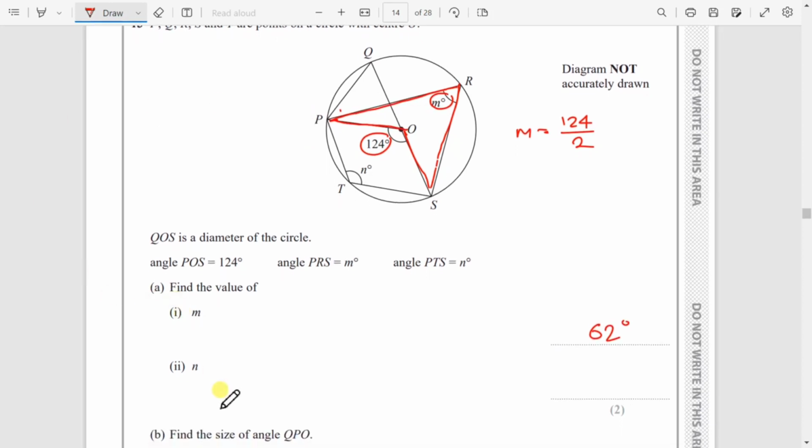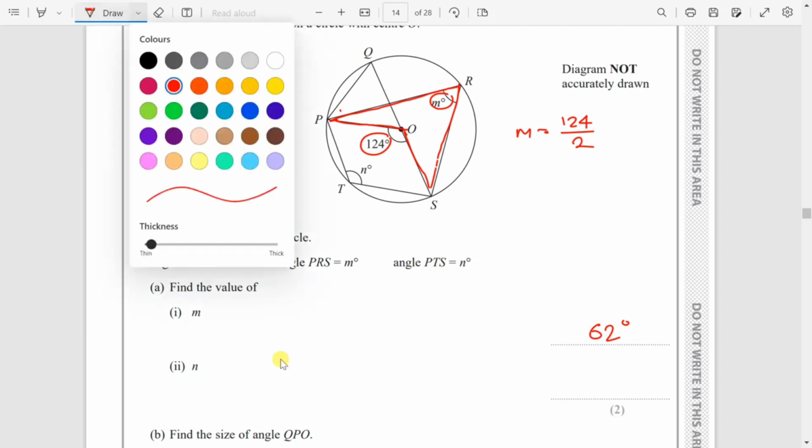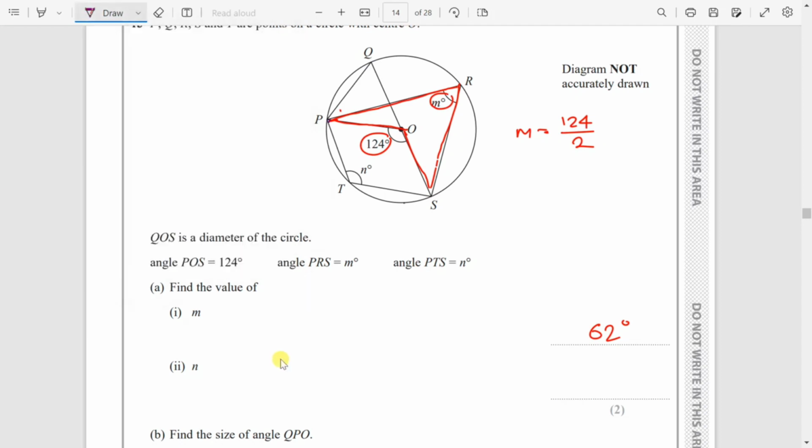Now, find the value N. Another thing is, you've got something known as a cyclic quadrilateral. You have a 4-sided shape, so P to R, R to S, S to T, and T back to P. So this is a 4-sided shape. When you have opposite corners in a 4-sided shape like this, these two must add up to 180. So we say that N plus M equals 180.